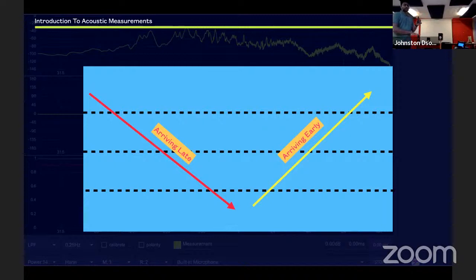You might move that entire speaker back virtually by giving it a time delay, not your delay effect. I'm talking about actual time delay. You're delaying that signal getting out of the console itself. You might pull that behind, but at a certain point the high frequencies are coming in earlier compared to the reference signal. That could happen. But what you need to keep in mind is when the trace is pointing downwards, the signal is getting delayed. When the trace is pointing upward, the signal is coming earlier compared to the reference signal.